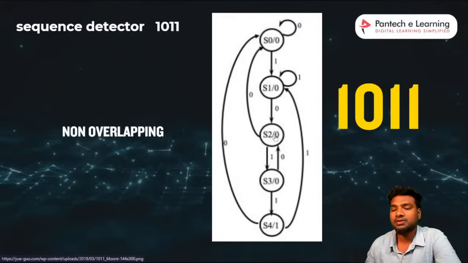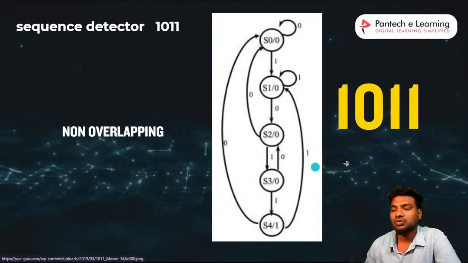If it is 0 and it stays in the S2 state, my sequence would be like 1 0 0, which is not my sequence. So it will kill my sequence. I am just assigning that you have to start from the beginning. So in the S2 state, if it is 0, it will move to the S0 state.